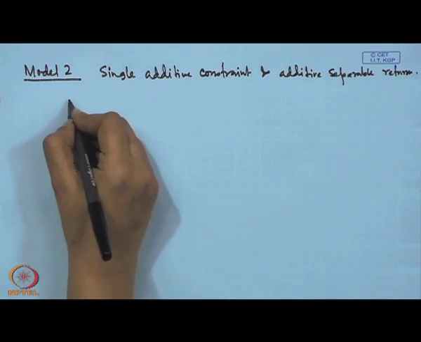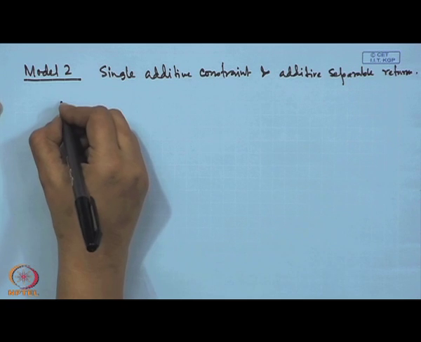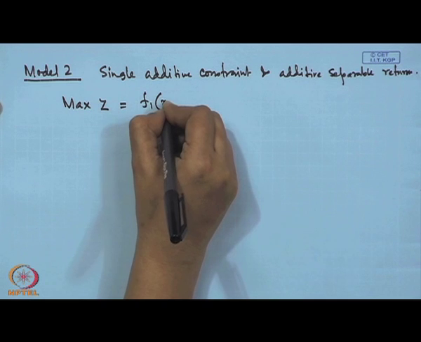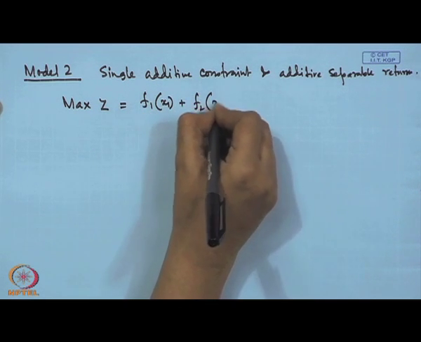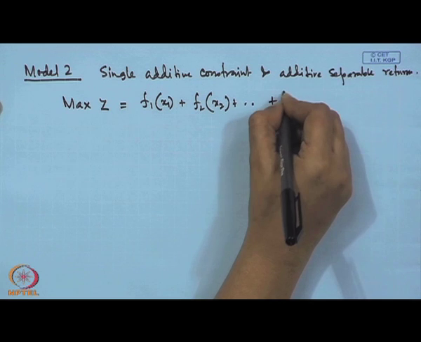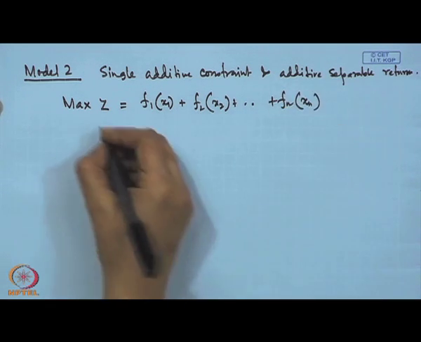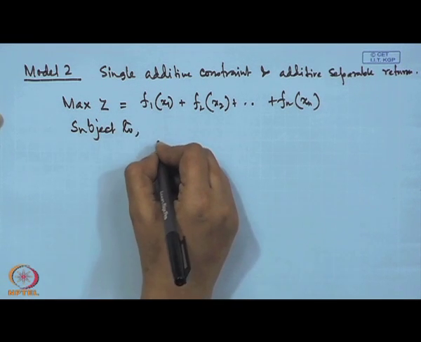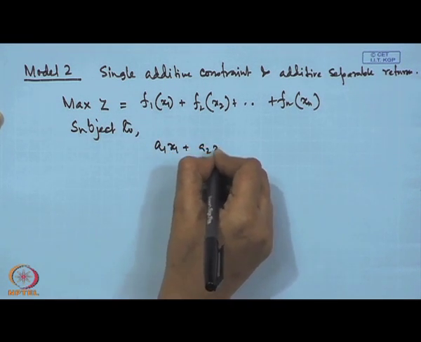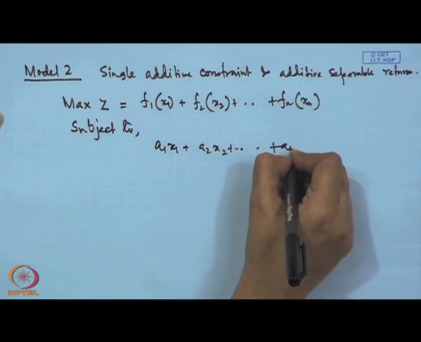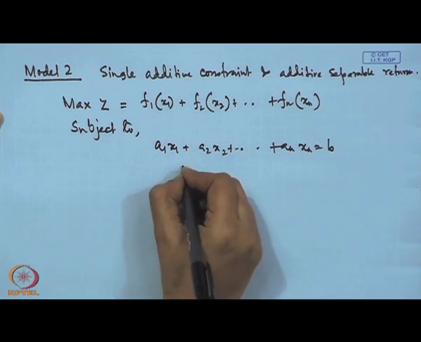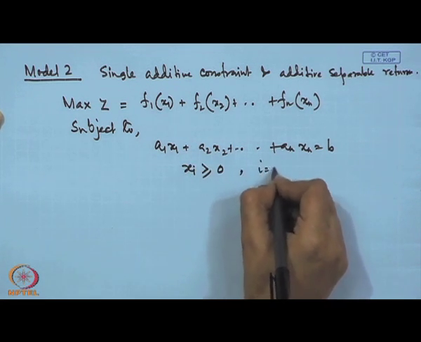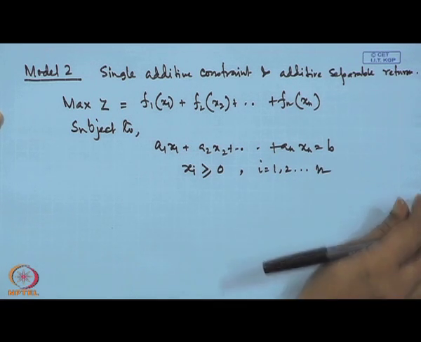Thus, the optimization problem can be considered as max z equal to f1 x1 plus f2 x2 plus fn xn subject to a1 x1 plus a2 x2 plus ... an xn equal to b, and the xi's are all positive, that is, non-negativity constraints for i equal to 1 to n.